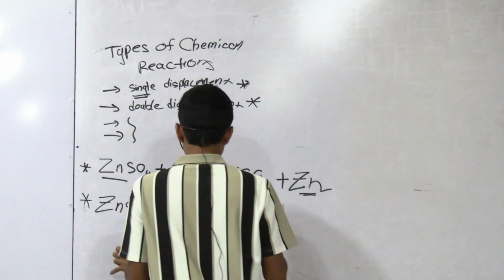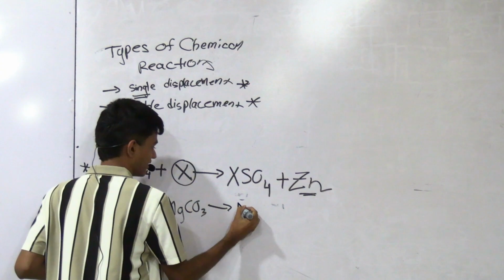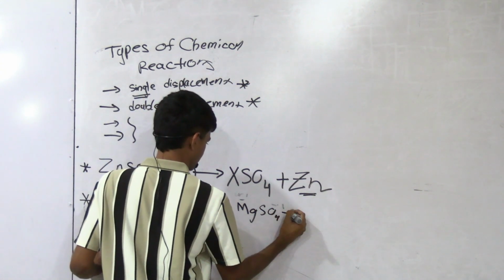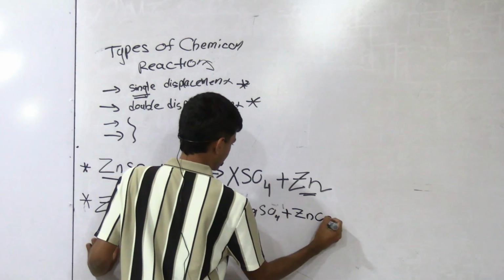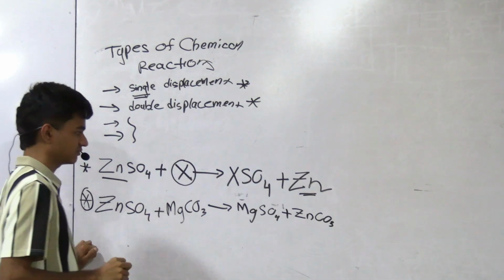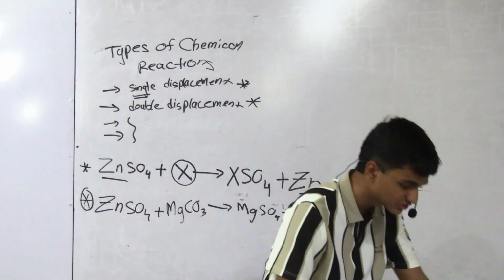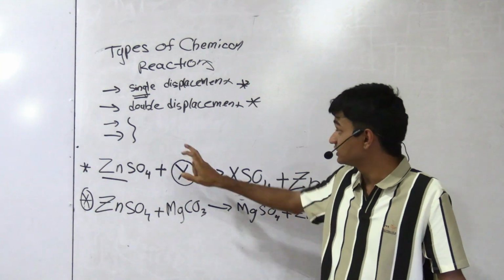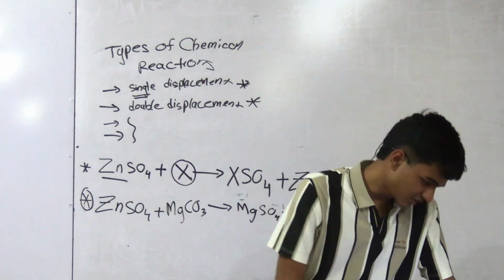So we'll have something like magnesium sulfate plus something like zinc carbonate. This is not an official reaction, but I wrote this so you guys could have a clear understanding about double displacement reaction. So this is a single displacement, this is double displacement. Okay.